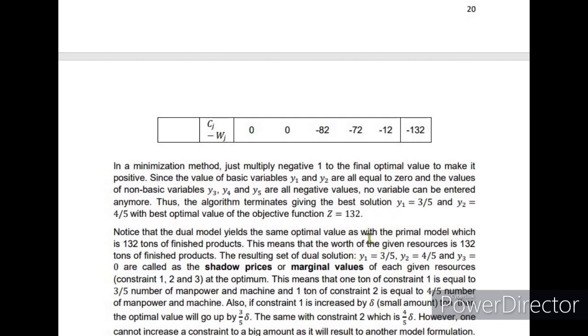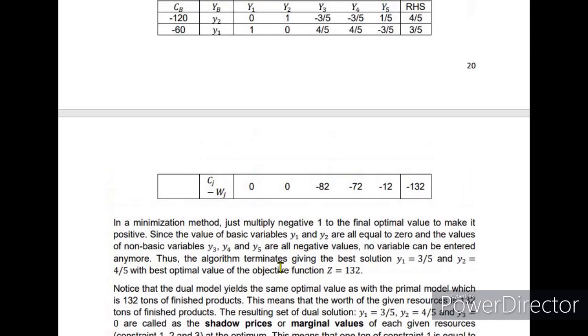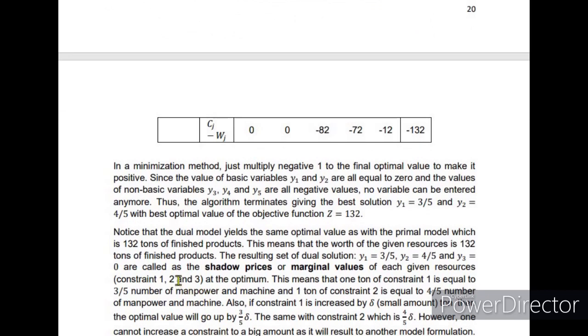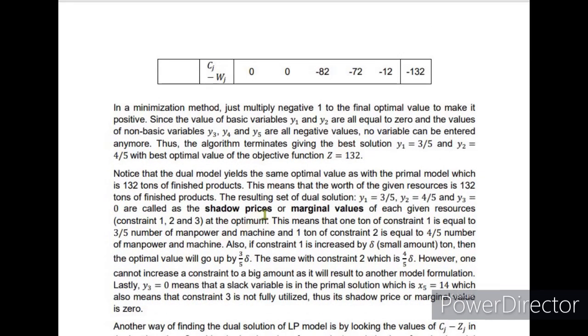The resulting set of dual solutions is y sub 1 is 3/5, y sub 2 is 4/5, and y sub 3 is 0. Why do we have y sub 3 as 0? Because y sub 3 is not indicated here, meaning it is already equal to 0. Those solutions are called the shadow prices or marginal values of each given resource, meaning y sub 1 is the shadow price or marginal value of constraint 1.